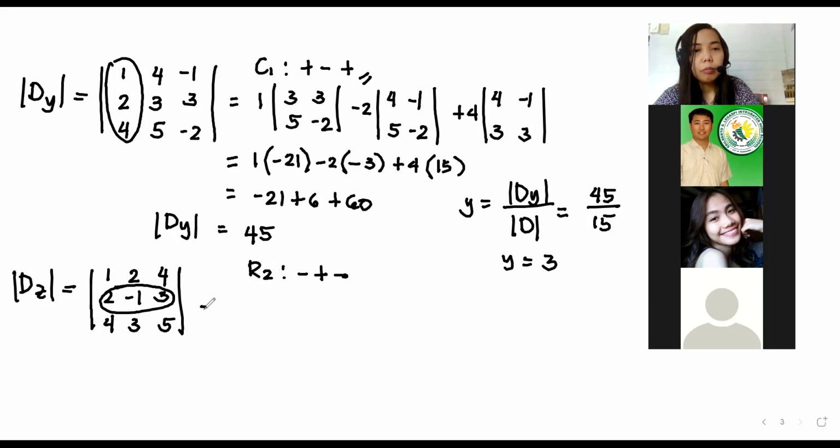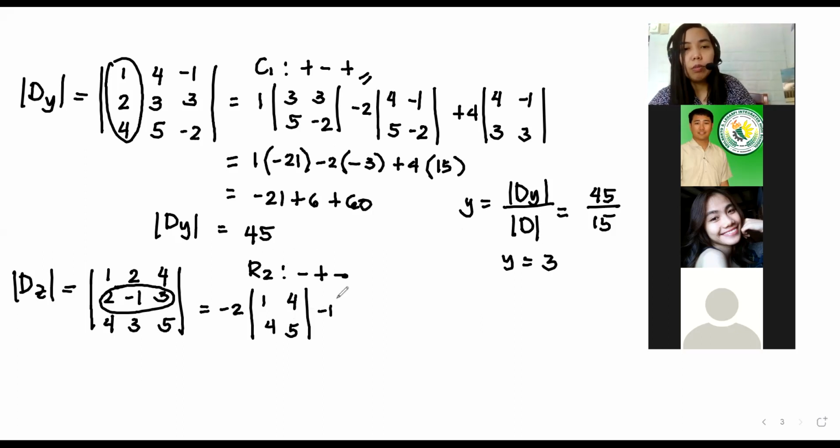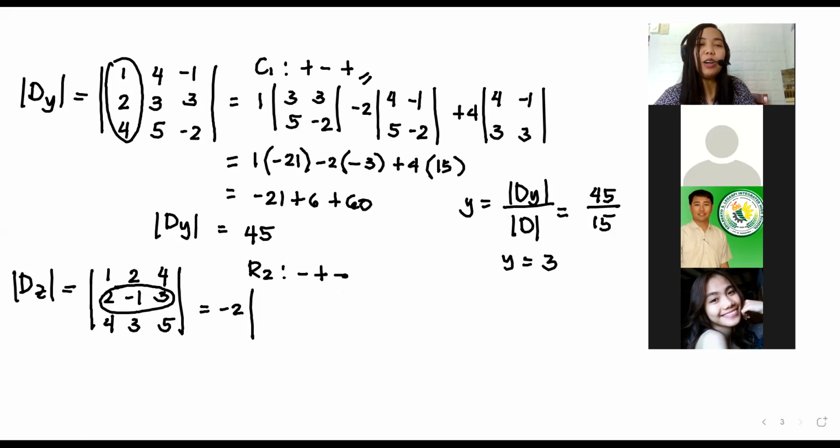Okay, so we'll have negative times 2, it's negative 2. Then delete, so 1, 4, 4, 5. Positive times negative 1, still negative 1. Then delete. Wait. Ma'am, ano po? 2, 4 po. Yeah, I saw it. So we'll have 2, 4, 3, 5. Okay.